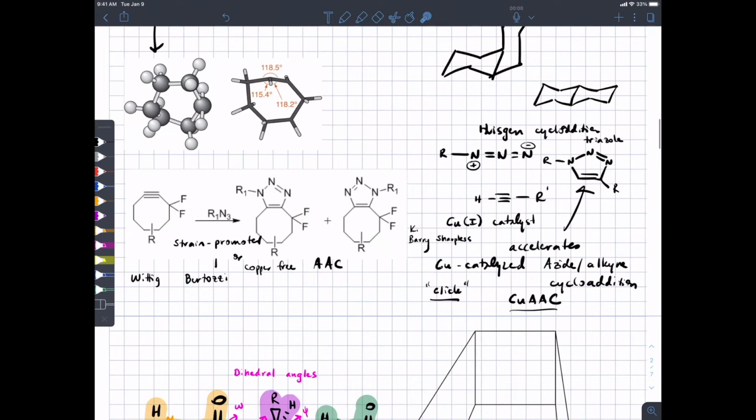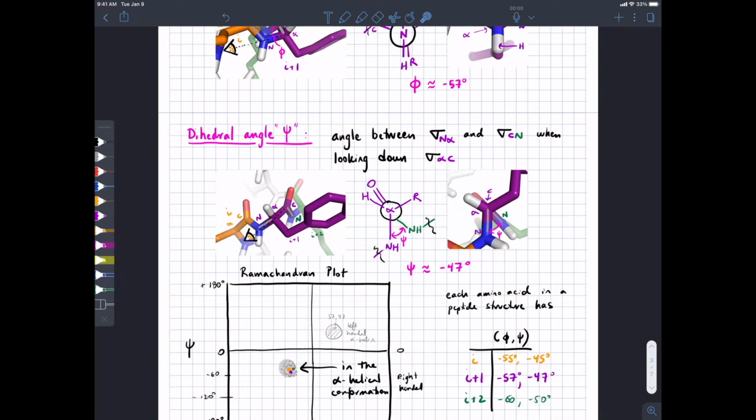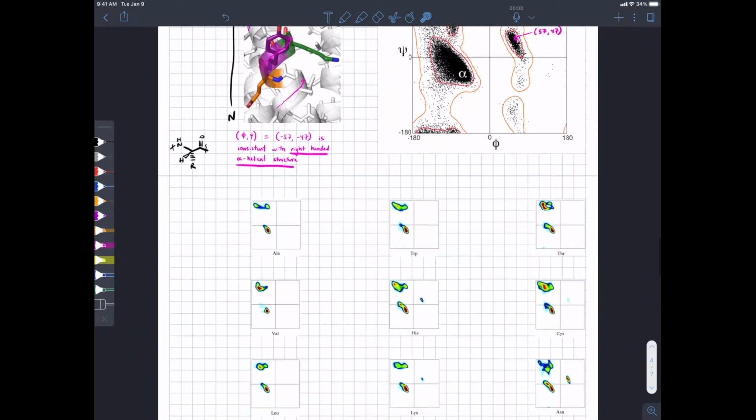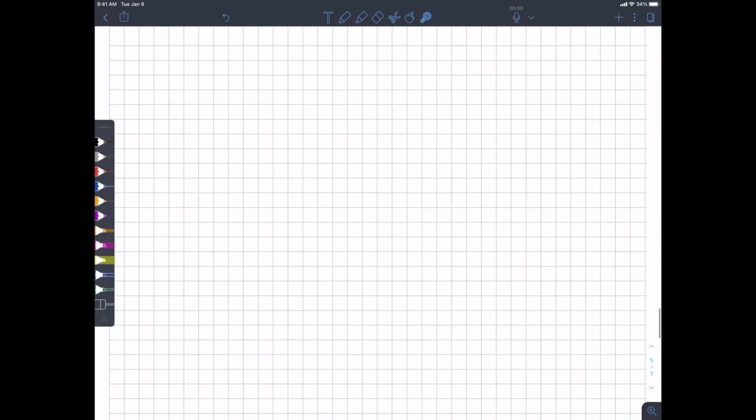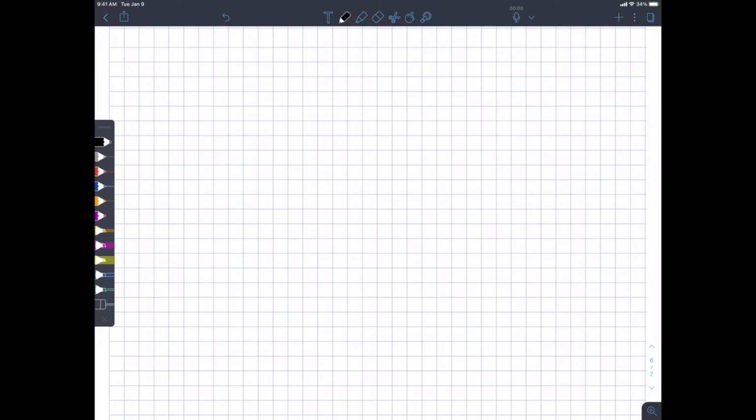Okay. So we've dealt mostly with how sterics and strain influence the structure of organic molecules. We now want to talk about how electronic factors can influence molecules. There are a lot of electronic factors, some of which I think are straightforward to understand.